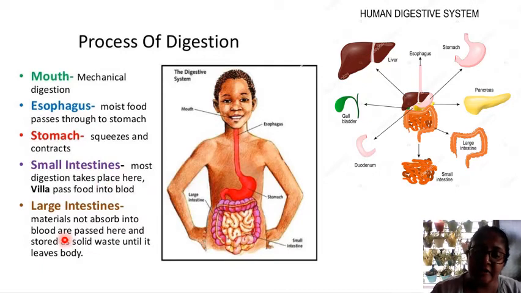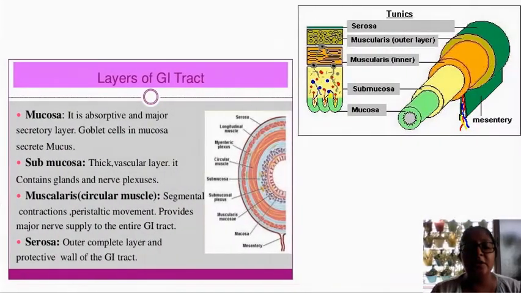The large intestine helps in absorbing the materials which are not digested, and they are stored, and solid waste is formed until it leaves the body through the anus. So this is the process of digestion, and it consists of the digestive system and the digestive glands.